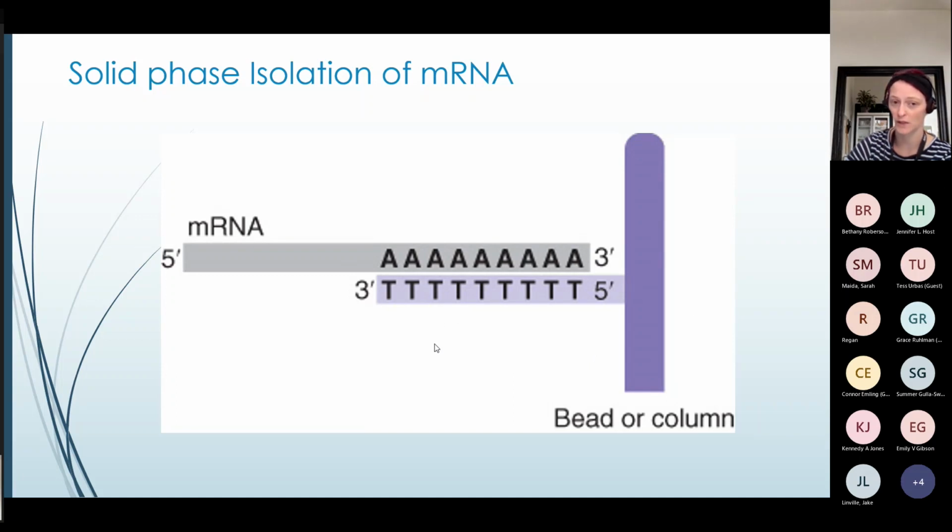So that's how you can target just your mRNA that is in your extraction. Does that make sense? And that's just something that all mRNA has. All mRNA has a poly A tail just based on its processing.